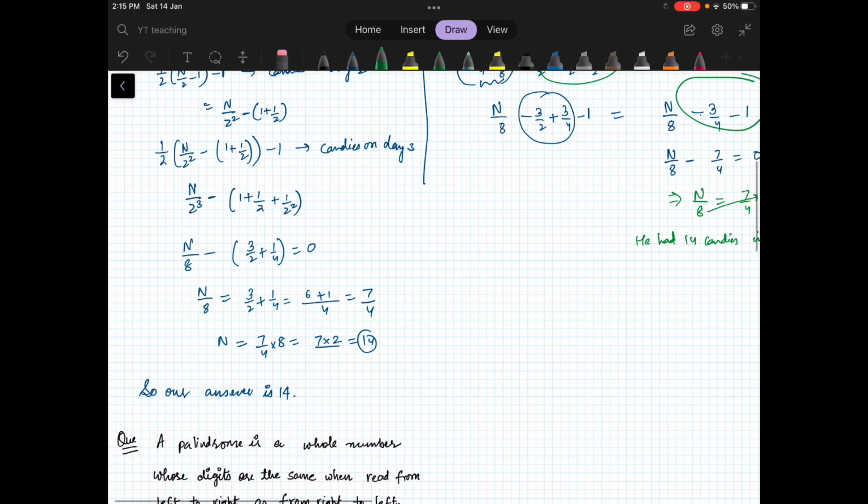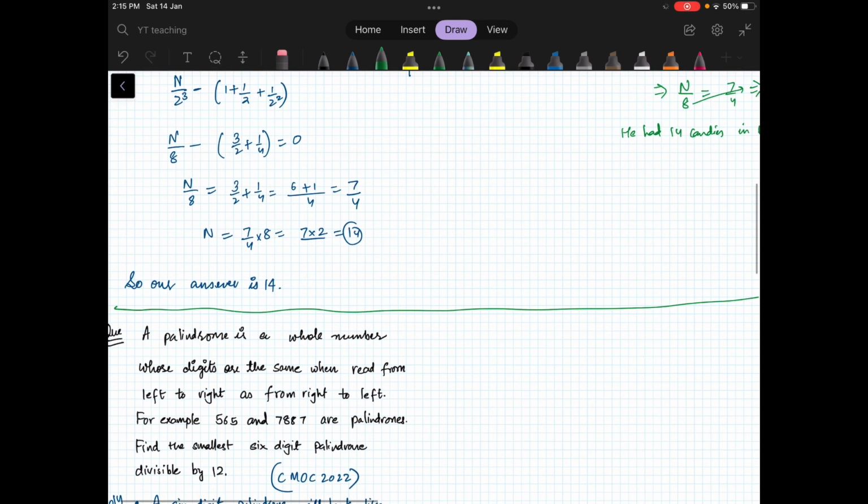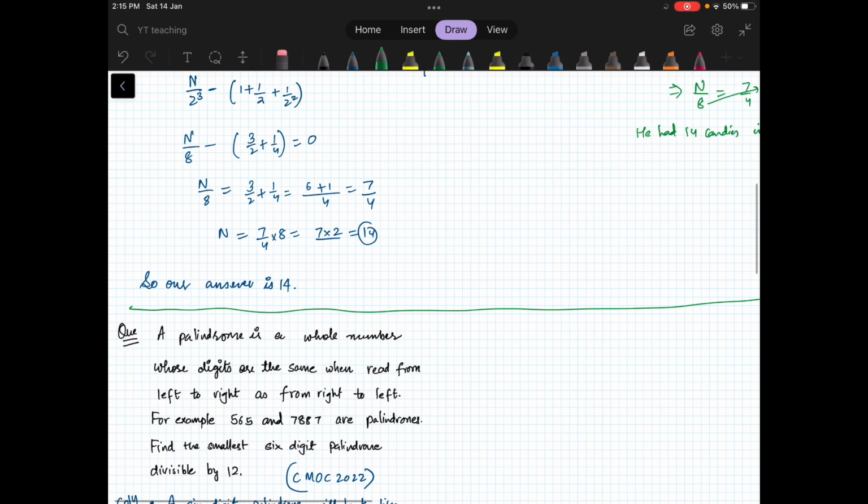So I have another problem from this competition, the same competition 2022. In this problem they are saying a palindrome is a number whose digits are the same when read from left to right as from right to left.